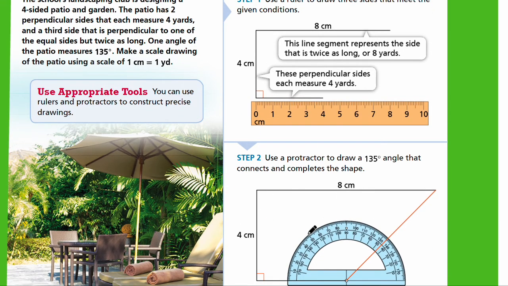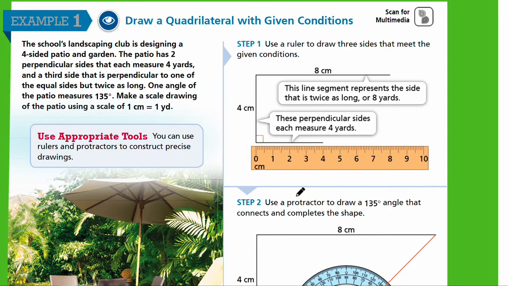So if they didn't draw this for you, would you be able to understand and draw a scale drawing by yourself? If not, listen to these steps carefully. So first of all, we have a 4-sided patio and garden. So we know in total it needs to be 4-sided. Patio has 2 perpendicular sides. Perpendicular meaning 90 degrees, right? So 2 perpendicular sides, 90 degrees.